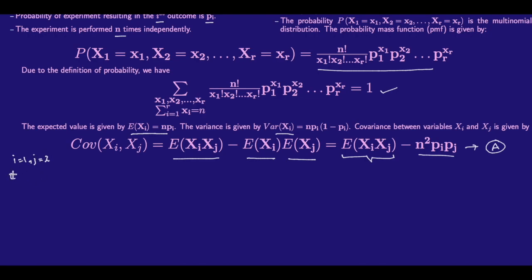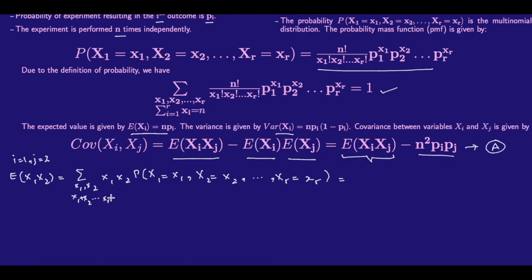So we have E of x1 x2, which is equal to the summation of x1 x2 times the probability that x1 equals x1, x2 equals x2, and up to xr equals xr. Obviously x1 plus x2 up to xr is equal to n.